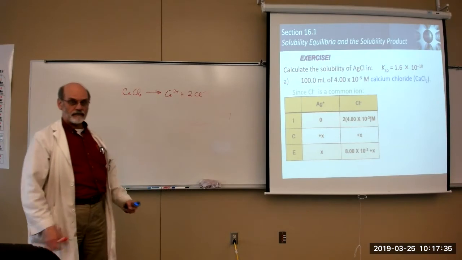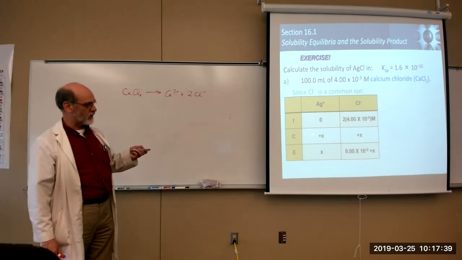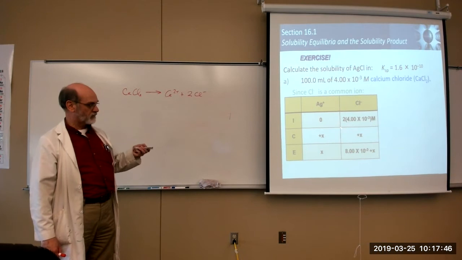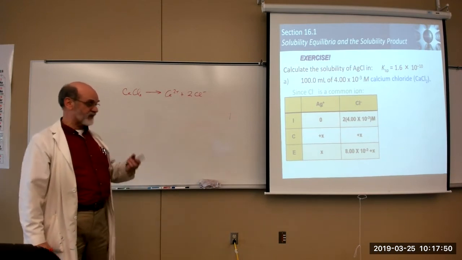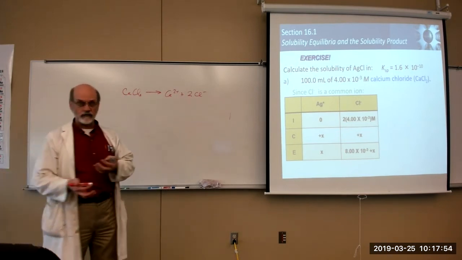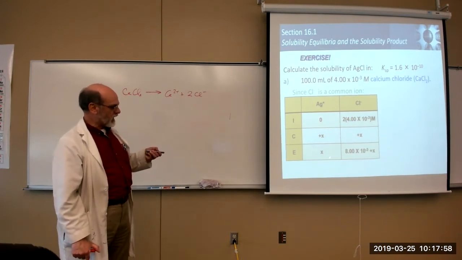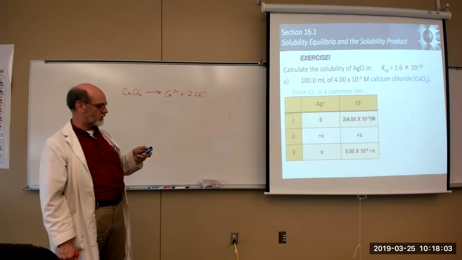So we're going to get some of that, 1 to 1. So we're going to have X there, X there. And X again, since it's 1 to 1, references the solubility of silver chloride. So at equilibrium, we have X silver and 8 times 10 to the minus third plus X chloride.